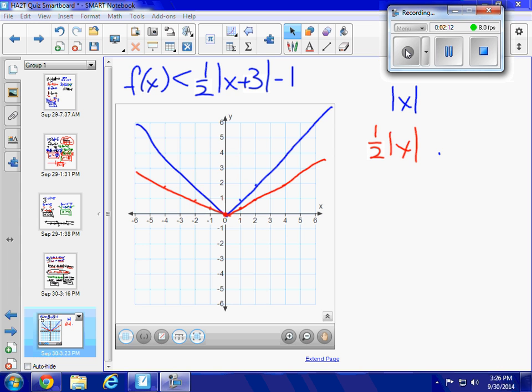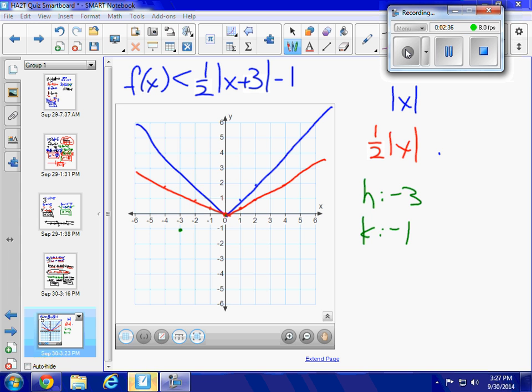My next part of the transformation is to do my h and k. Well, my h is -3, and my k is -1. So every point I'm going to move to the left 3 and down 1. So I'll start with my vertex, 1, 2, 3, down 1. There's my new vertex. I'll do the point -2, 1.